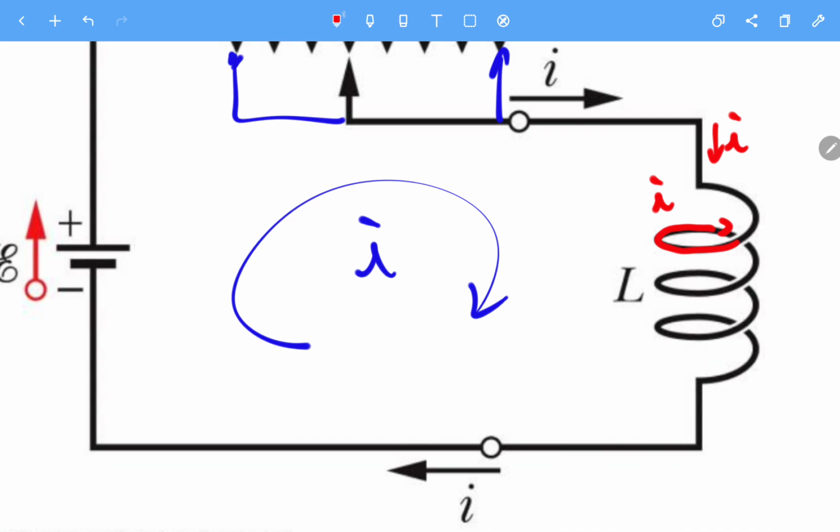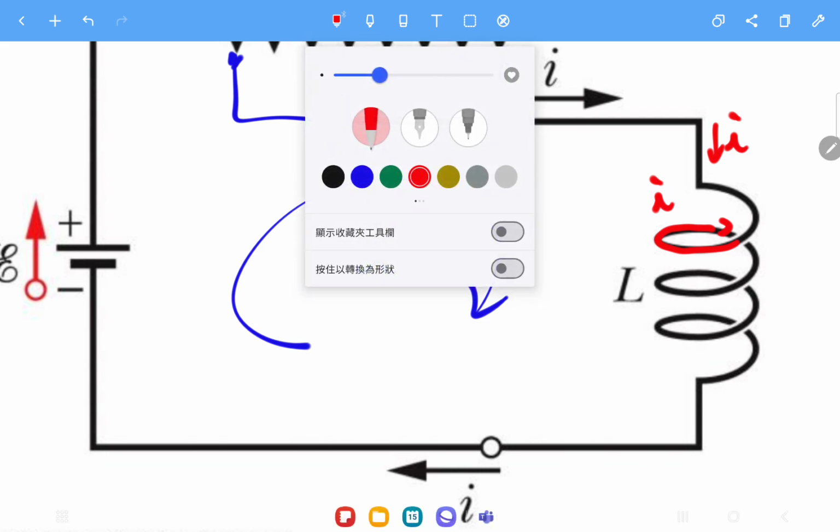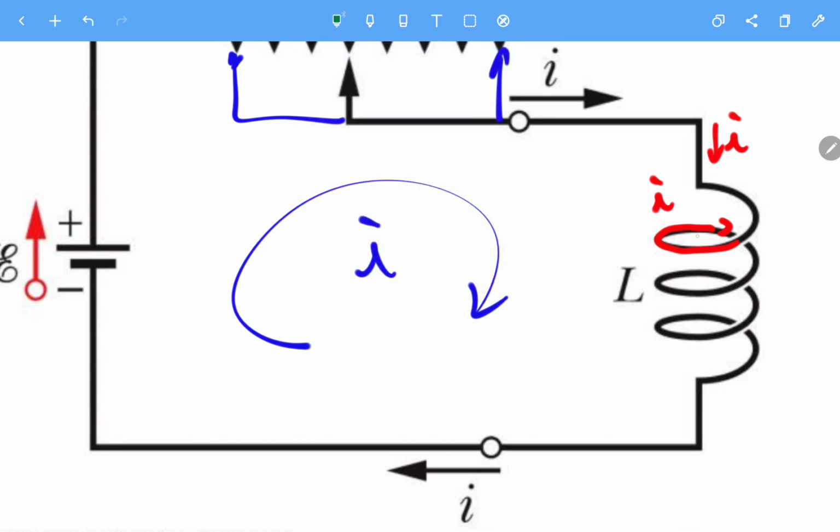Your fingers follow the current direction, and your thumb is pointing downward, so it generates a B field pointing downward. We assume it is uniform, so it will go across this cross-section area, which means the second turn.